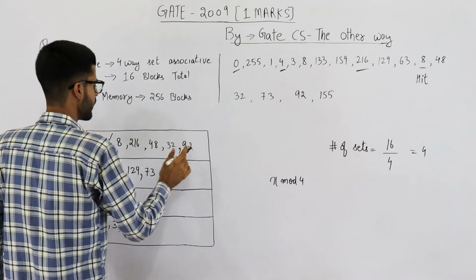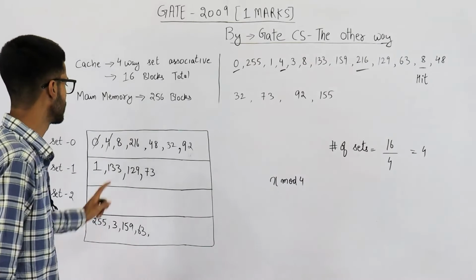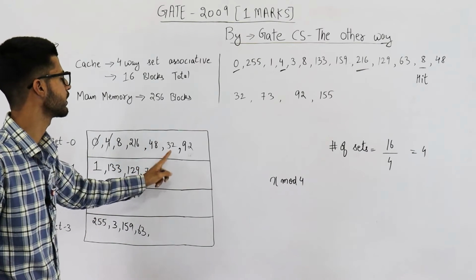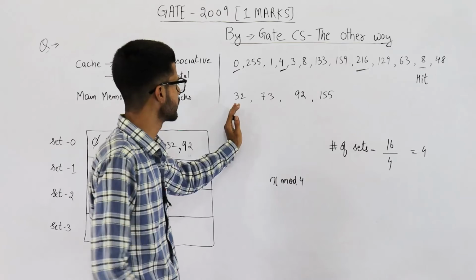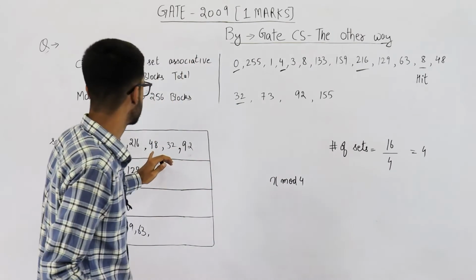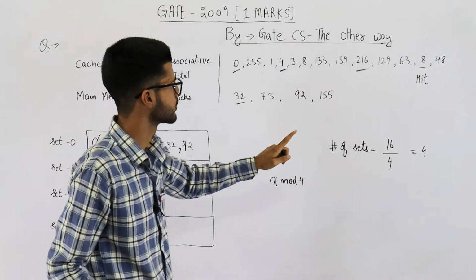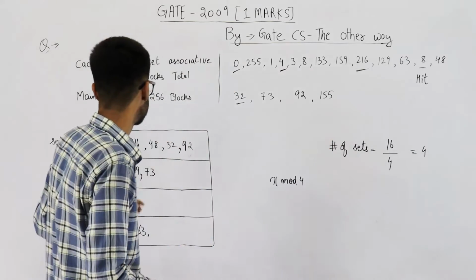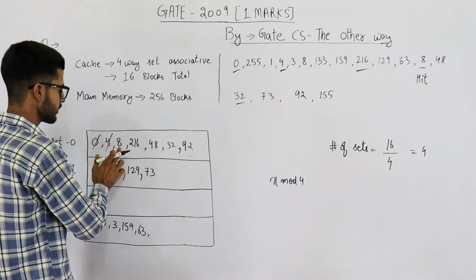And one of them will again be replaced. We have 8, 216, 48 and 32. 32 is most recently accessed. We cannot replace it. 48 is also recently accessed, so you cannot replace it. So 48, 8.